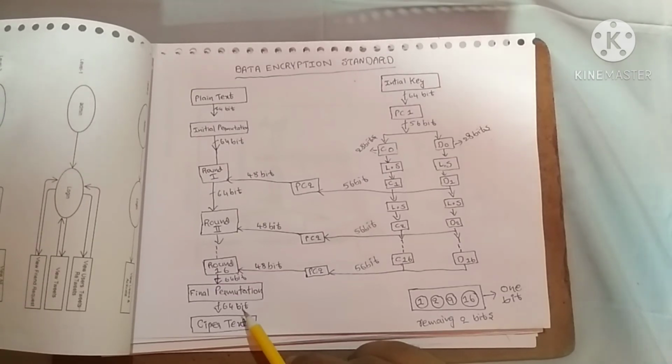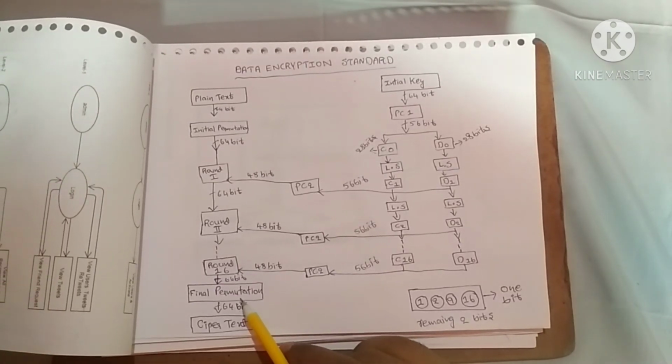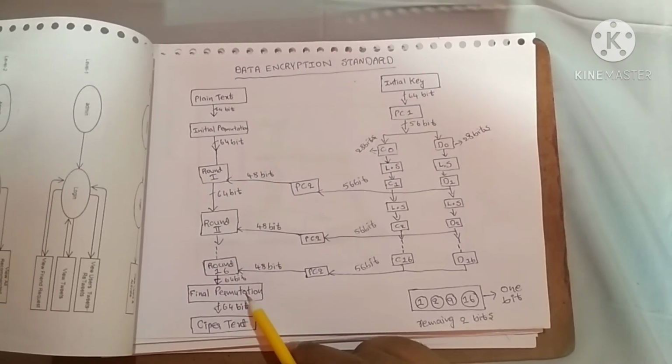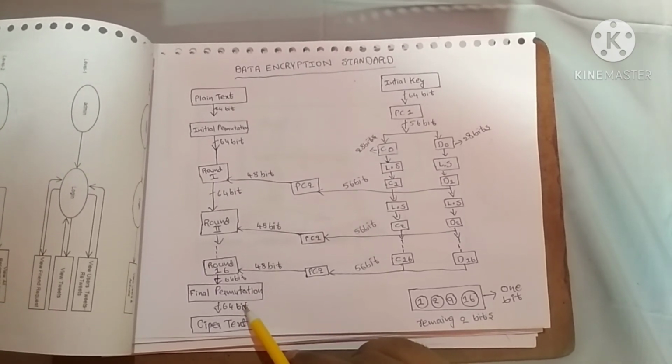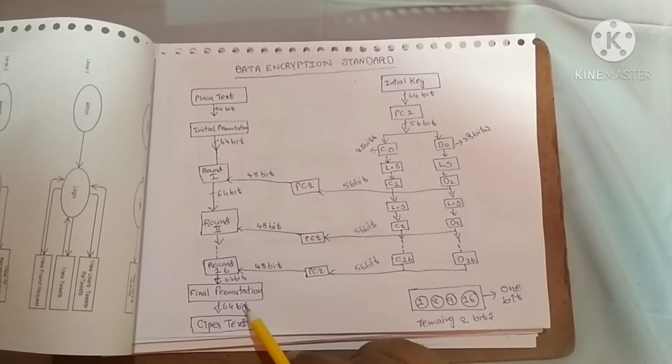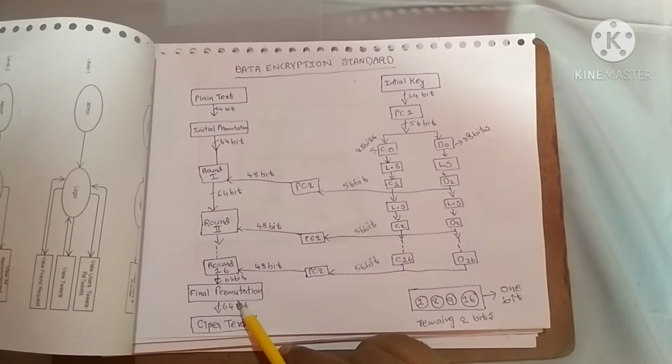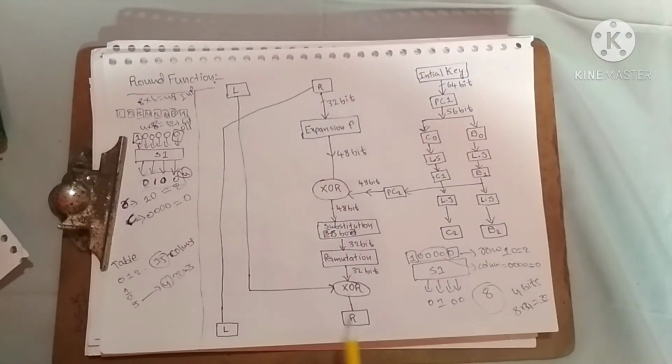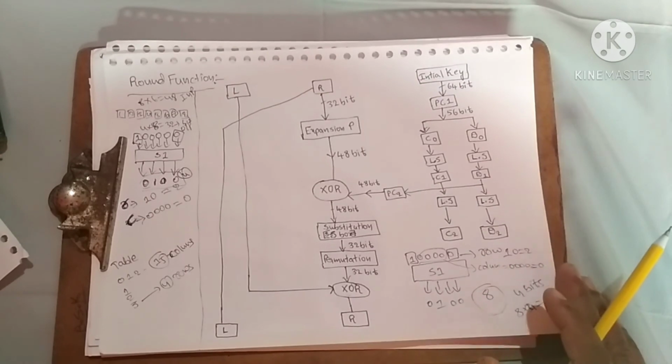But here in the final permutation, the swapping of the 32 bit values, left shift and right shift, will be performed. Okay, actually I forgot to explain this in our previous video. After that final permutation, what happens? Swapping of these two halves, left half and right half, will be swapped and rearranged into a new order.